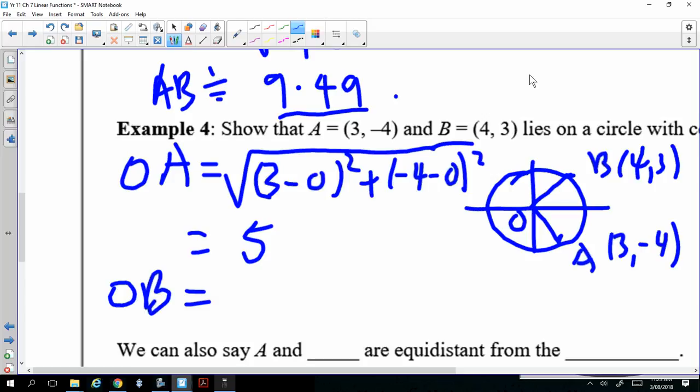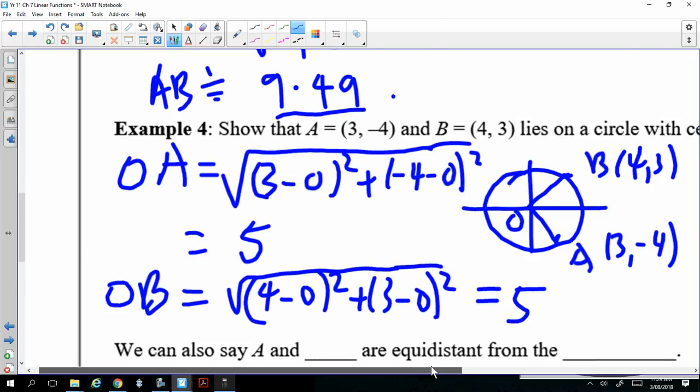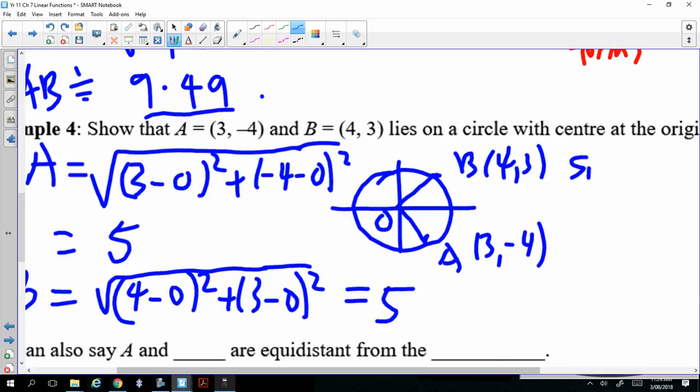What's OB equal to? I think you get the same thing, right? That equals 5 as well. So what can you conclude? Since OA equals OB, therefore A and B lie on a circle.